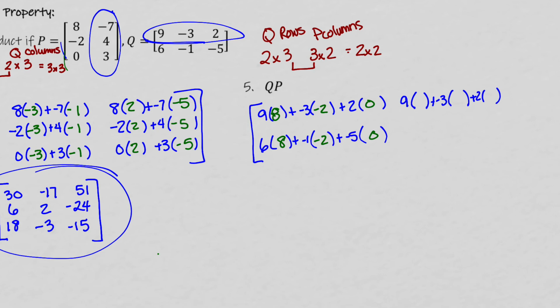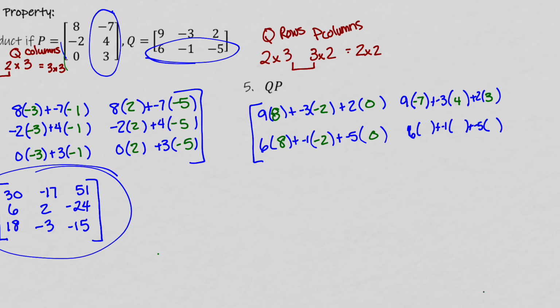Okay, so that column is negative 7, 4, 3. Okay, we're going to move down to the next row. So second row here, 6, negative 1, negative 5. That second column is negative 7, 4, and 3.